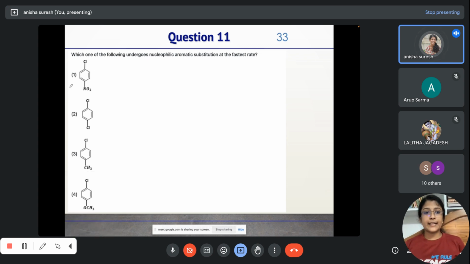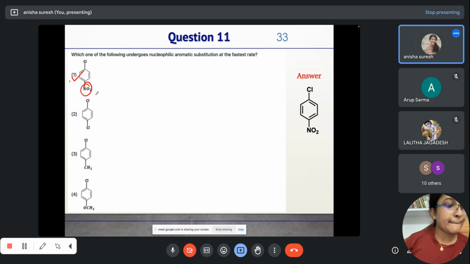Option 1 is the correct answer because nitro group will be highly electron withdrawing in nature. So it can undergo this addition elimination reaction at a faster rate because this NO2 can be involved in conjugation, and hence this elimination of chlorine will be easier in case of option 1. So the correct answer is option 1.